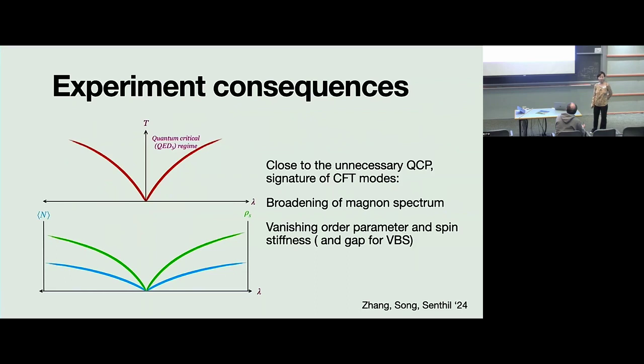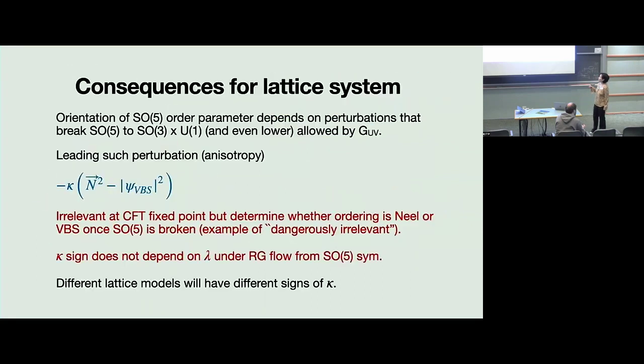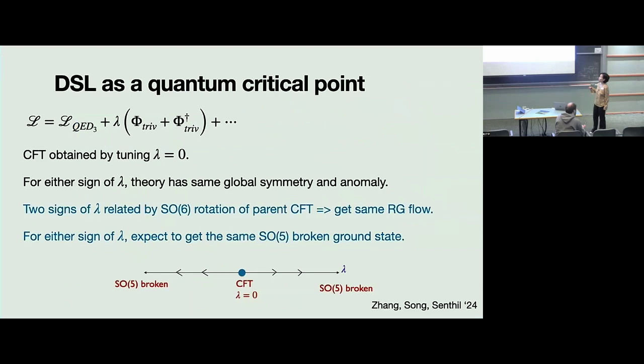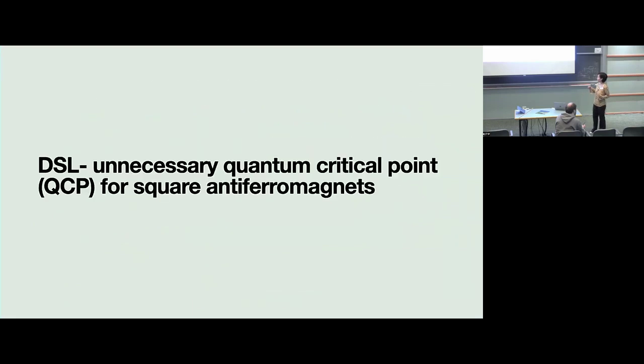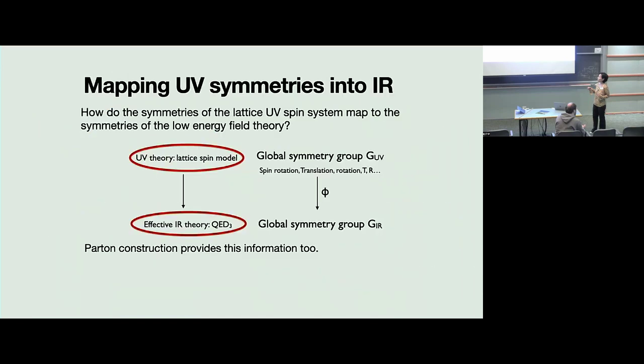At the end, you mentioned doping this Dirac spin liquid quantum critical point will lead to some superconductivity. Can you clarify that? This is because the staggered flux ansatz is gauge equivalent to the D-wave ansatz.